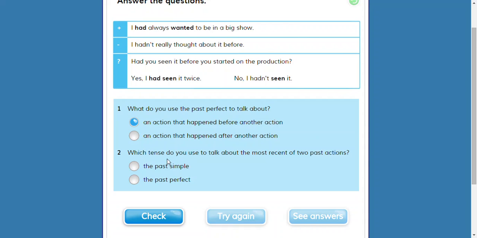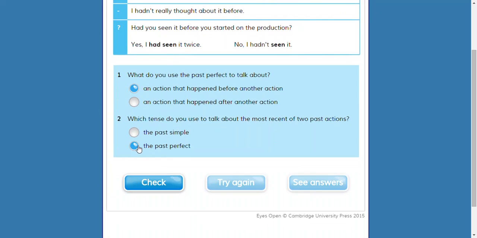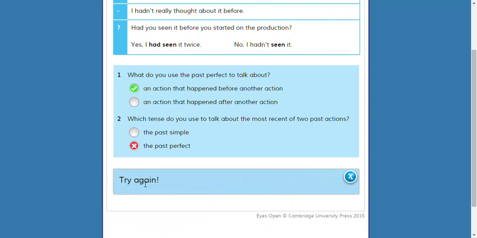Okay? Which tense do you use to talk about the most recent of two past actions? The past simple or the past perfect? The past perfect could be. And here, an action that happened before or after? Let's check it. Look, what do you use the past perfect to talk about?